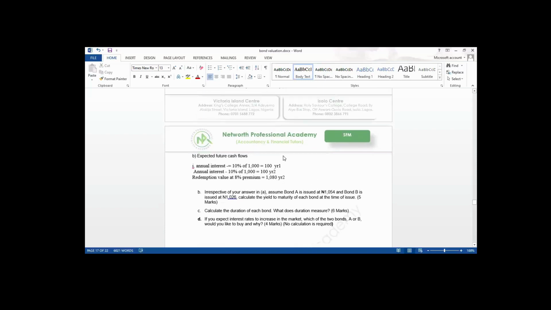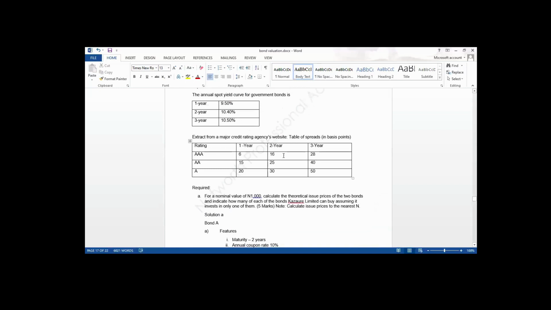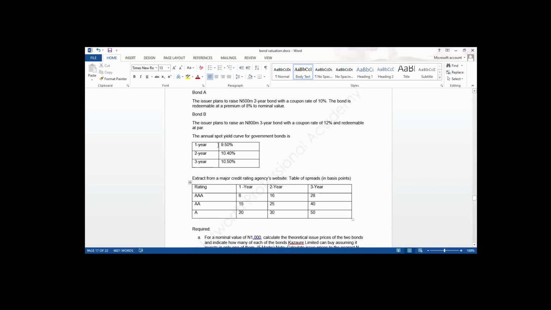Now go check, look at it. Examiner gave you the annual spot yield curve for government bond.